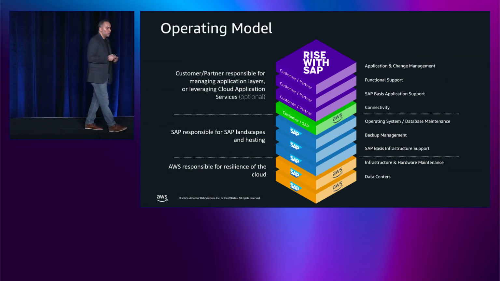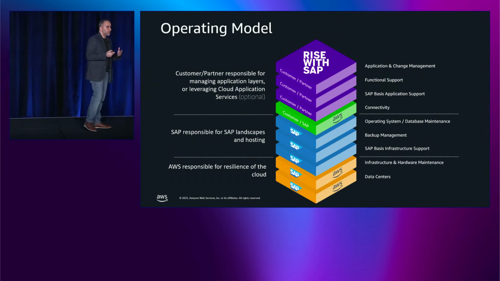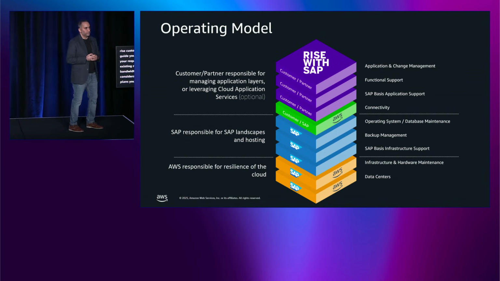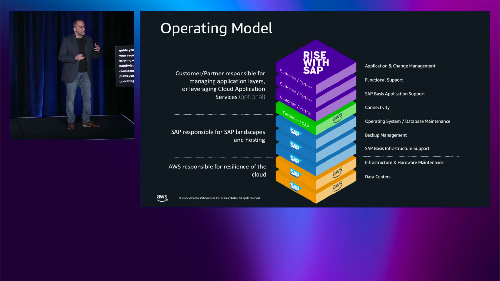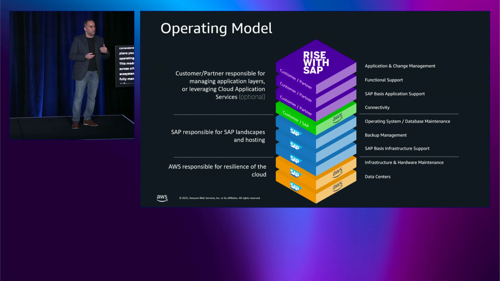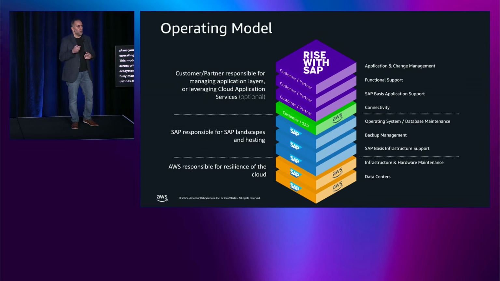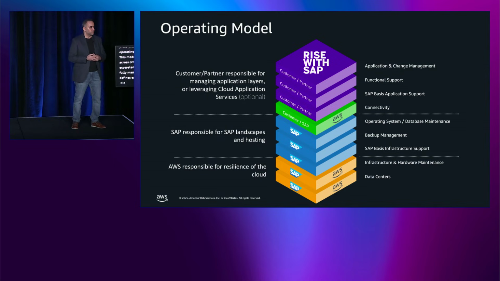Let's take a look at the operating model for SAP Rise on AWS. This model defines key responsibilities across critical parties in the Rise ecosystem. As we know, SAP Rise is a fully managed landscape, and this stack defines exactly who manages what, right at the bottom from the AWS infrastructure all the way up to the business applications at the top.